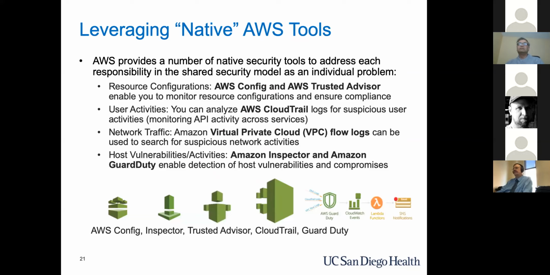So we are leveraging a bunch of different tools in AWS. We already mentioned CloudTrail and VPC flow logs. We are leveraging Config and Trusted Advisor for monitoring resources, and also efficient use of resources. It gives you some feedback on under and overutilized resources within the environment.